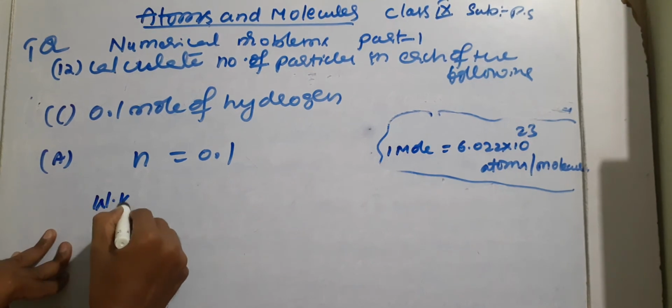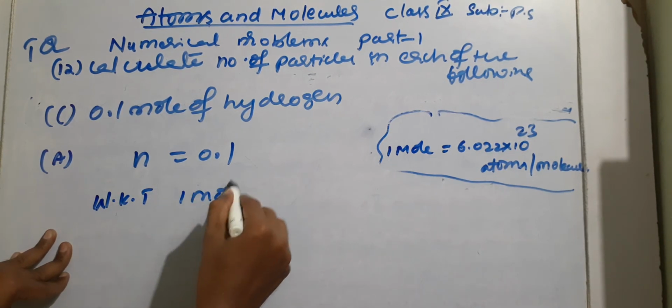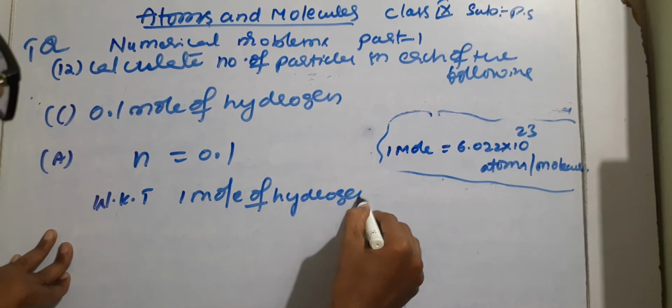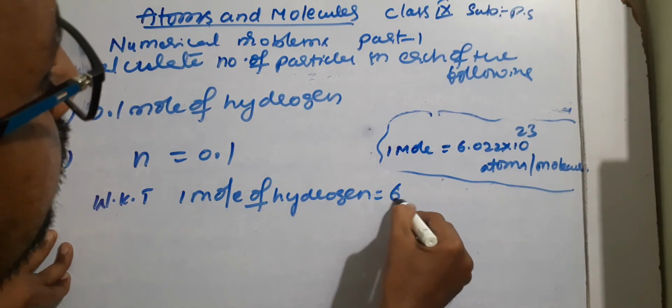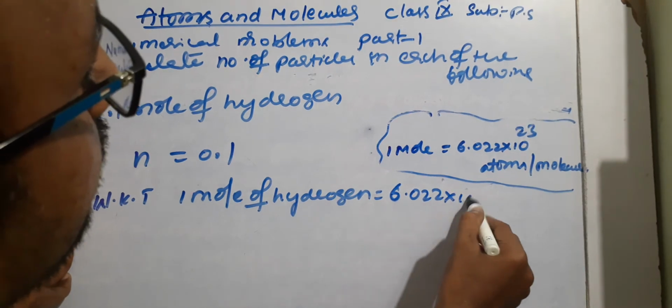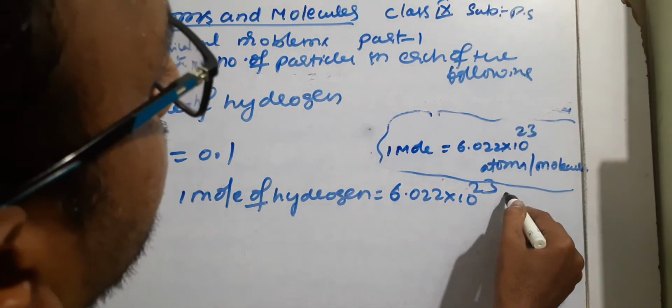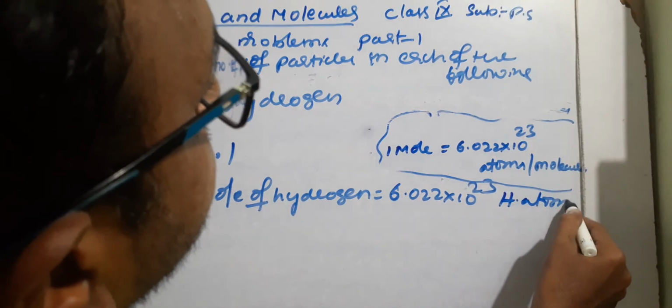So we know that 1 mole of hydrogen is equal to 6.022 into 10 power 23 hydrogen atoms.